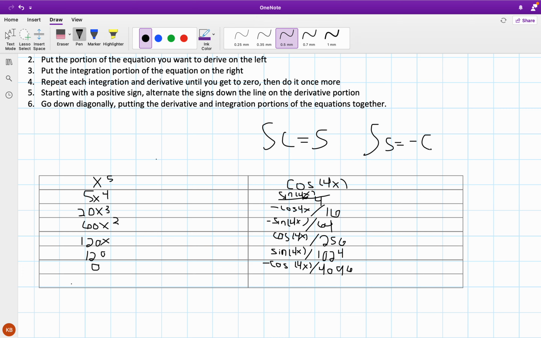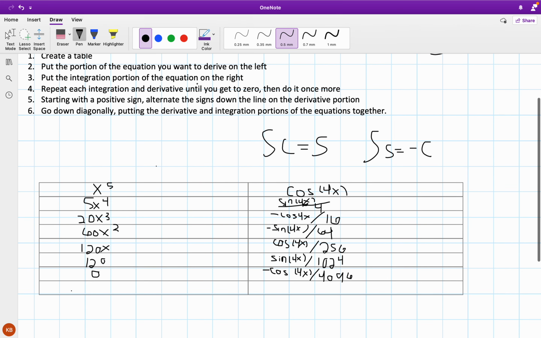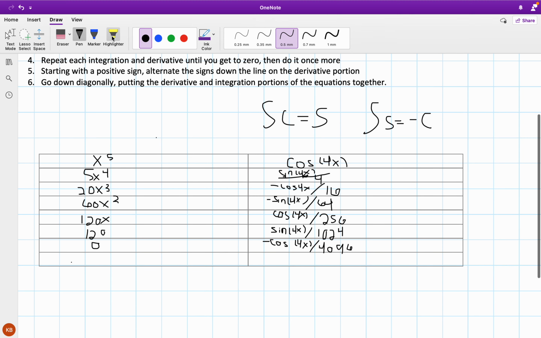Cosine we're integrating, and that's positive, then integrating sine makes it negative, then integrating negative sine gives negative cosine, and then it goes back to positive, and positive sine, and then we go down to negative again. All right, looks right. So the next step, since we already did step 4, is to start with the positive sign and then alternate. So the first one's going to be positive, negative, and then we just keep going down the line until we run out of numbers.